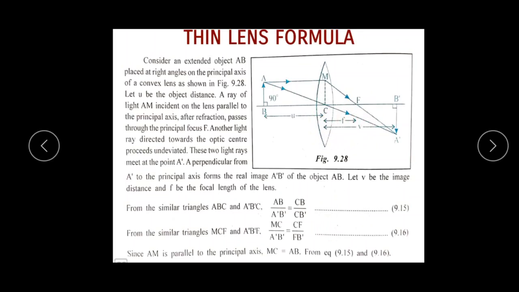Then there are many similar triangles here, in which we can consider two similar triangles, ABC and A dash B dash C. One is ABC.